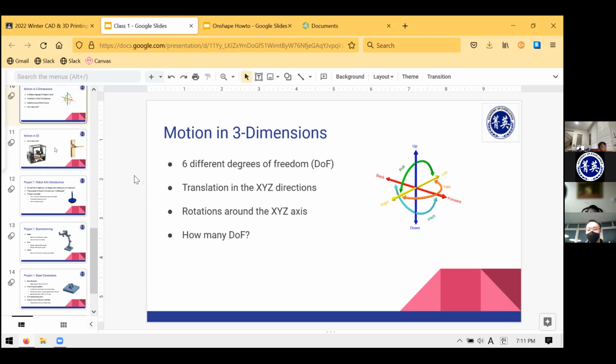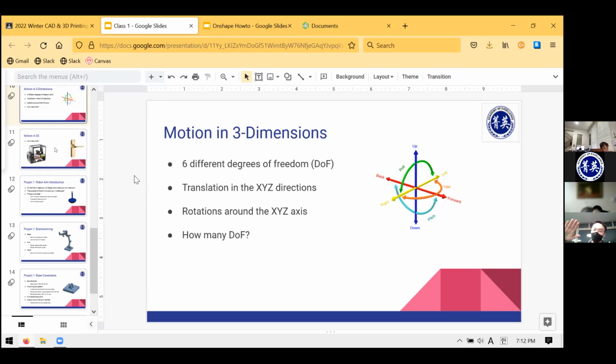So commonly we refer to them as directions. We have our up and down direction or dimension, we have our left and right, and we have our forward and backward. You can think about how you move in the world, and all of the motion that you are physically capable of performing can be broken down into those 3 directions.